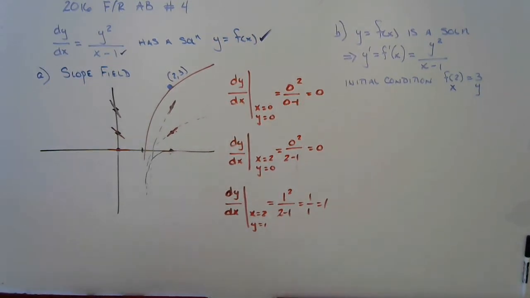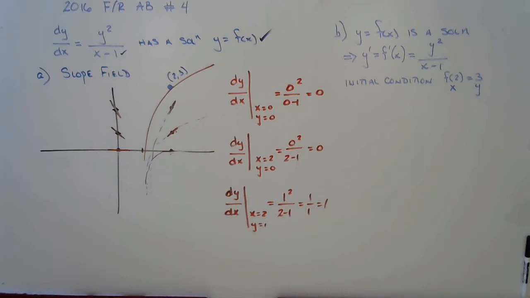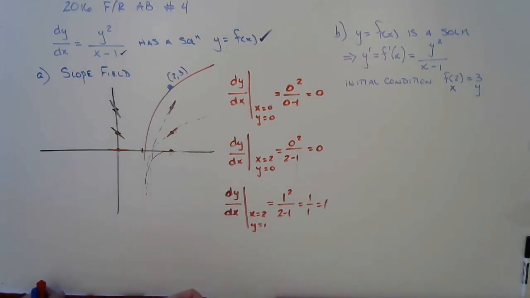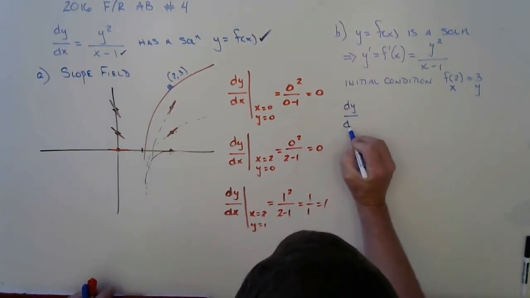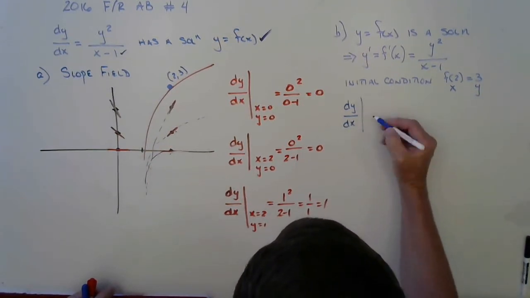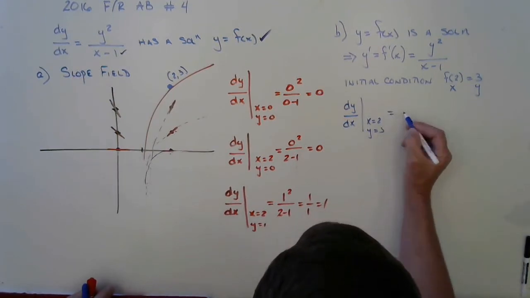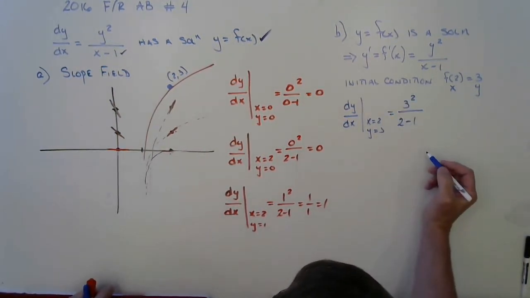Based on our picture, what do we know? How are we going to find the slope right there? Well, we have an equation right here that tells us the slope. So I'm going to plug in x is 2, y is 3, and what am I going to get? I'm going to get 3 squared over 2 minus 1.